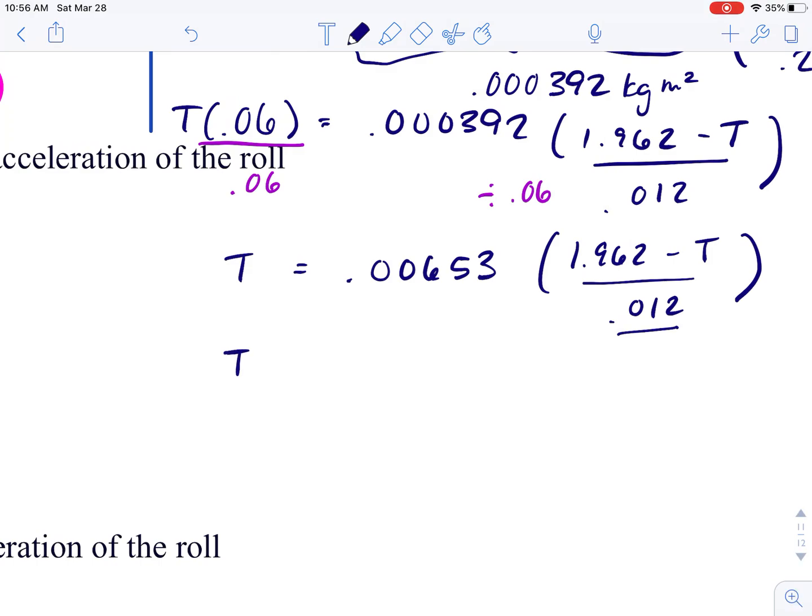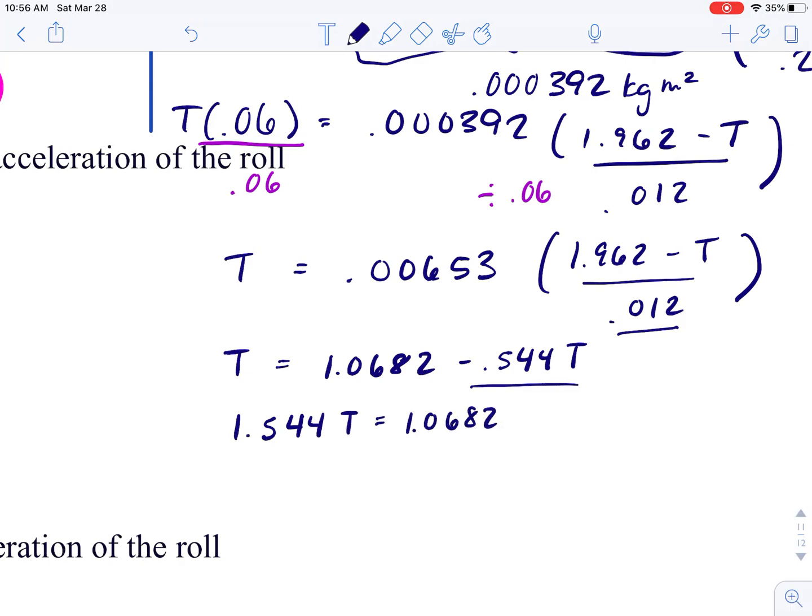And when I did that, I got t equals 1.0682 minus 0.544t. Then I added the 0.544t to both sides, and I got 1.544t equals 1.0682. And then I divided both sides by 1.544, and I got that the tension in the roll was 0.692 newtons. Oh my goodness.